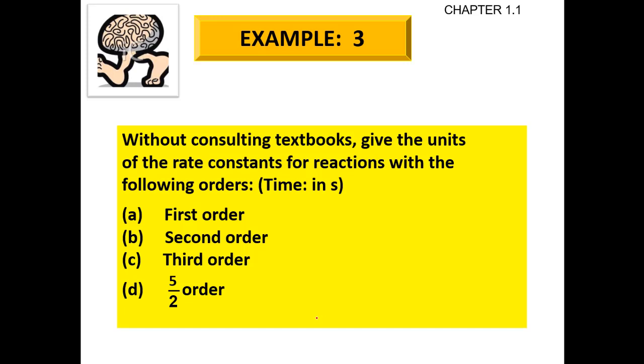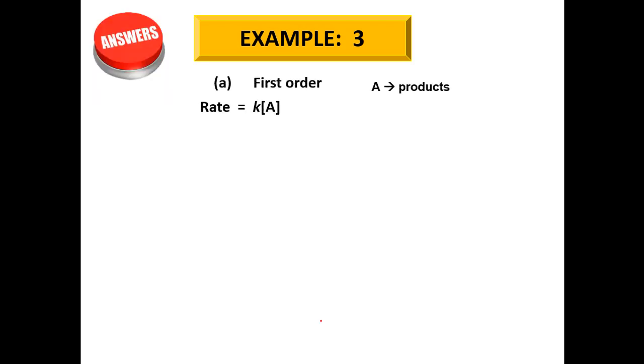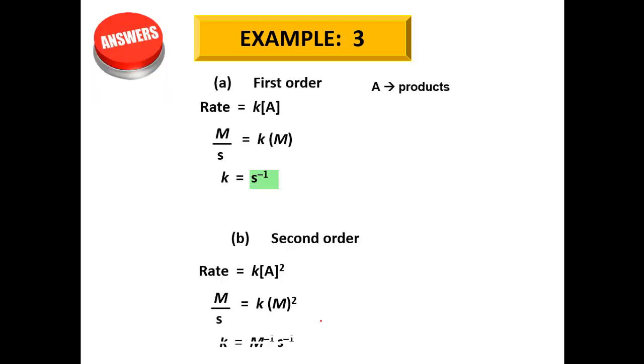So nanti you go through example 3 ni, you determine yourself the unit for rate constant kalau first order apa unit K dia, second order apa, third order apa, even 5/2 pun you boleh determine. So kita terus tengok yang D lah.